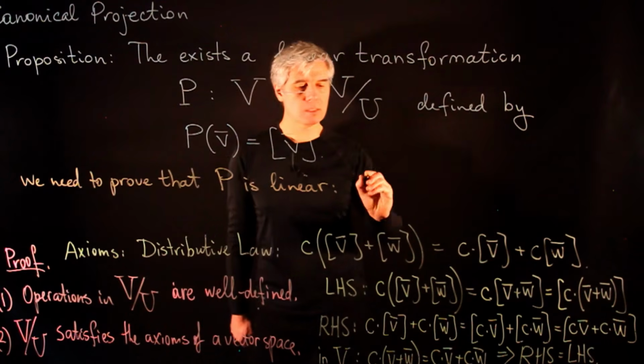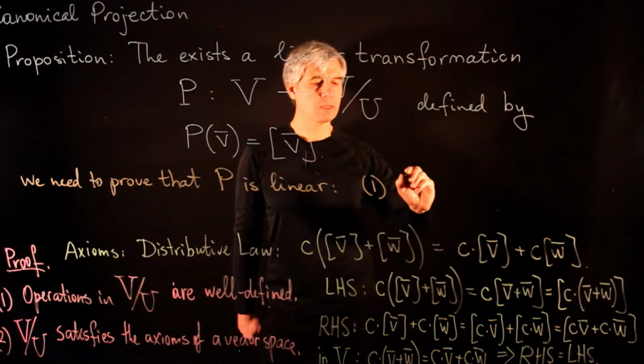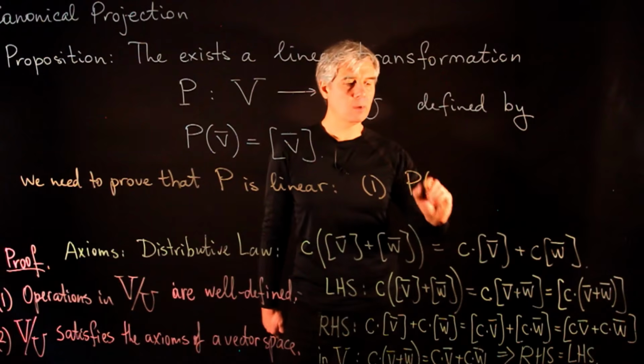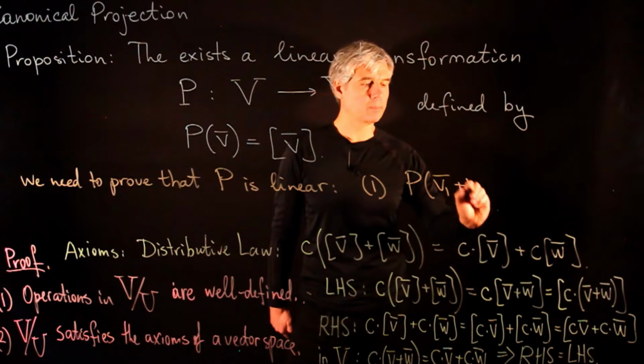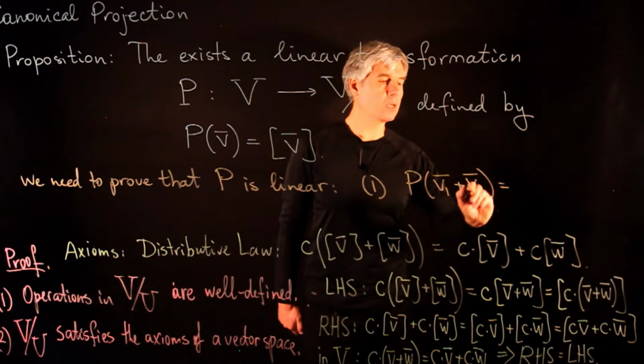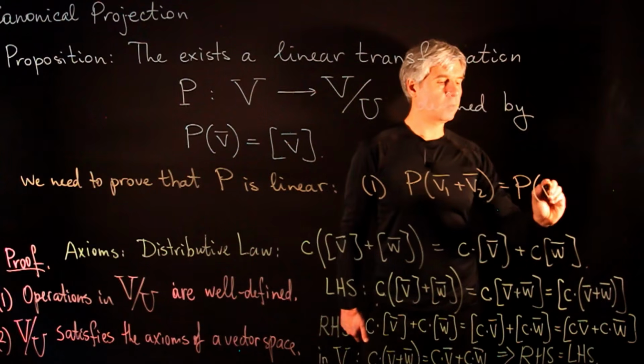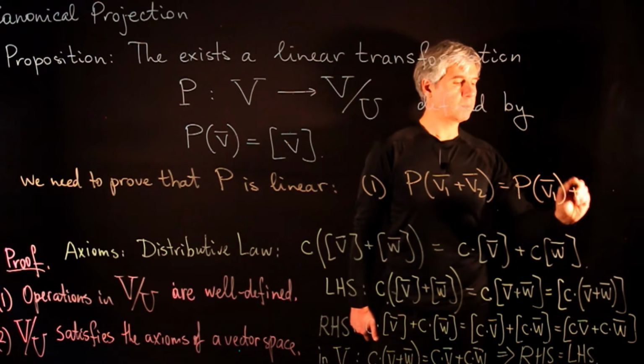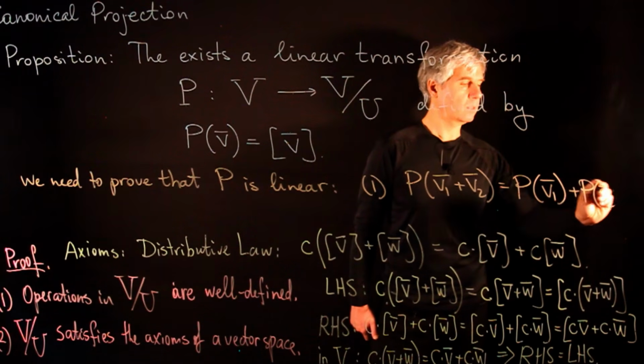So this means two properties. First, P of V1 plus V2 is equal to P of V1 plus P of V2.